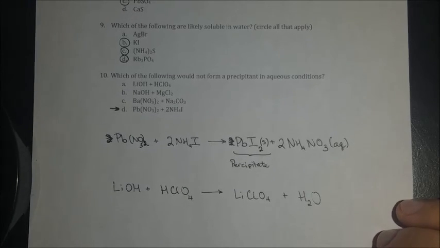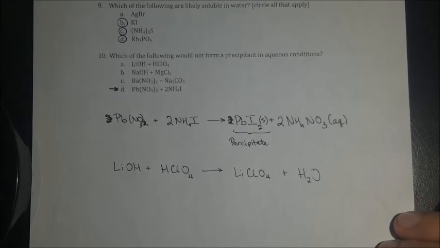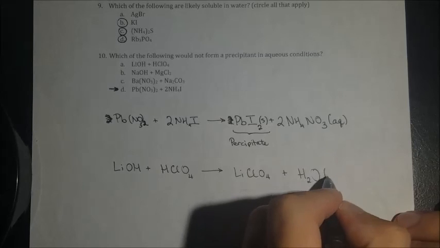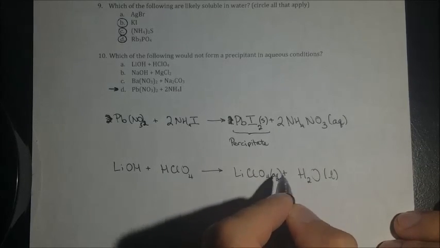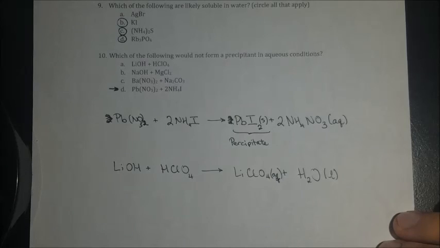So let me take a second and include the phases. And then I'll ask you, does this look like some sort of reaction we've seen before? I think it does. This looks like actually an acid-base reaction. Why is that?